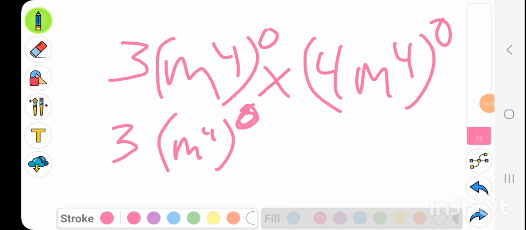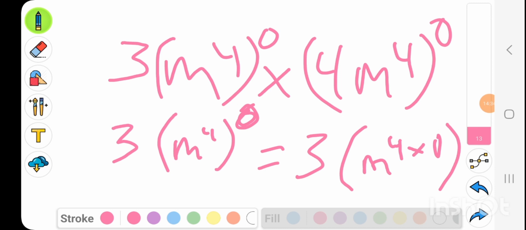So in this case, it's 3m to the power of 4 in brackets, all to the power of 0. What you do is 3m to the power of 4 times 0.